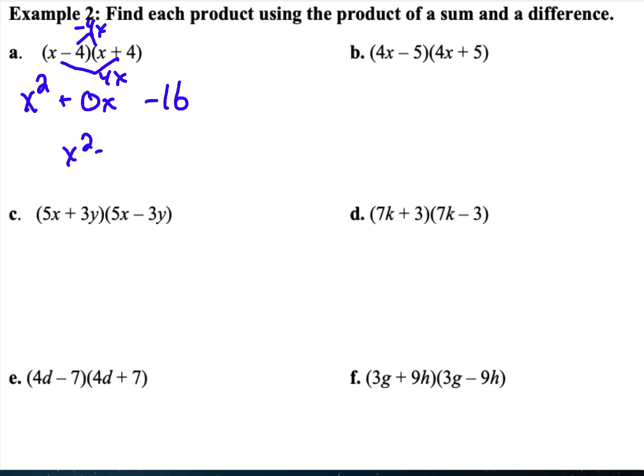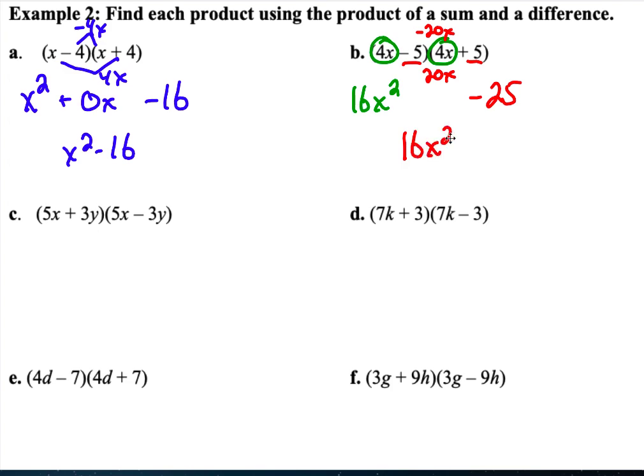So I just get x squared minus 16. All right, next one. 4x times 4x is 16x squared. Negative 5 times 5 is a negative 25. But I'm going to get a negative 20x and a positive 20x. So those are going to drop out. It's going to turn to 0. And I get 16x squared minus 25.